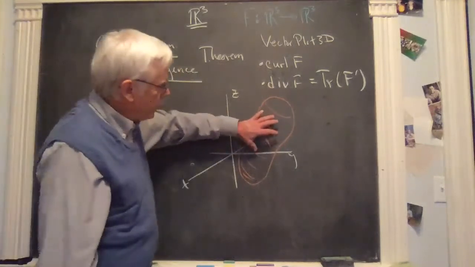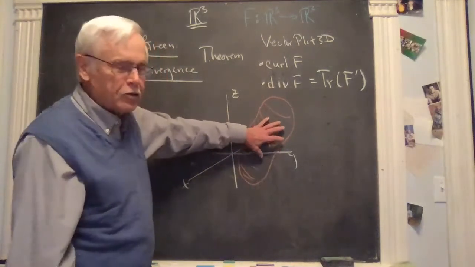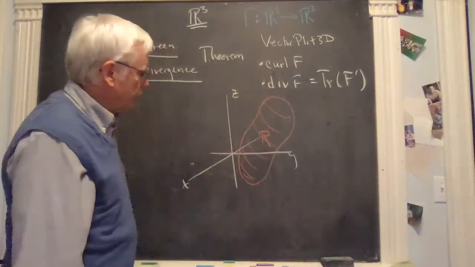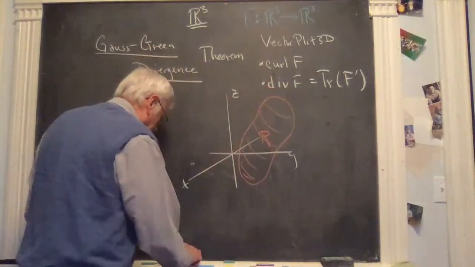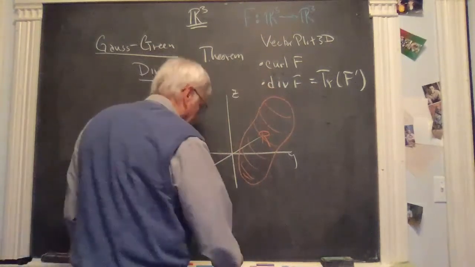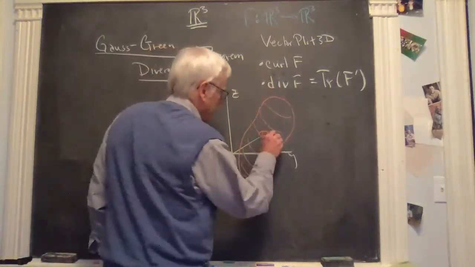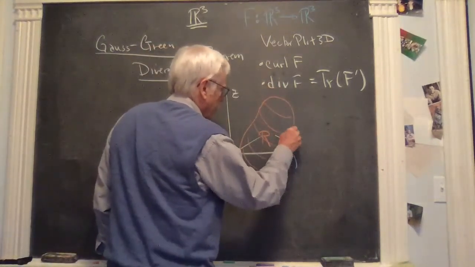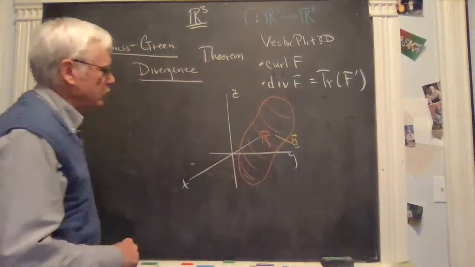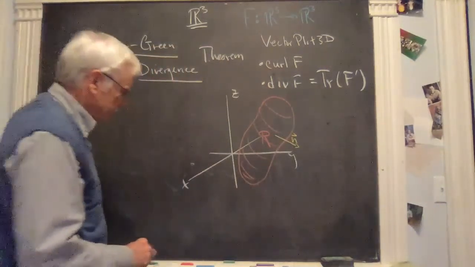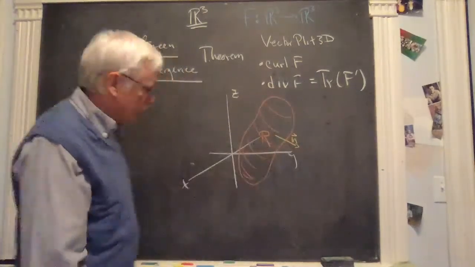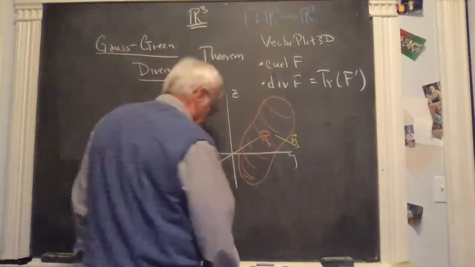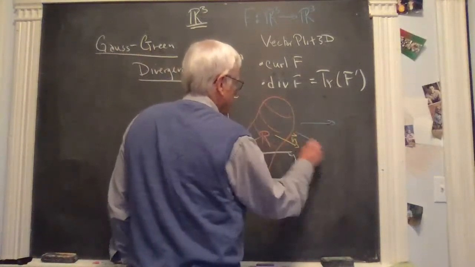I don't want it to have donut holes or Swiss cheese, just a solid region here. And the boundary of this will be oriented, and we're going to orient the boundary with the outer normal. So the surface of R will be oriented by an outer normal. And we've got this vector field floating around here, so at every point there's a vector.